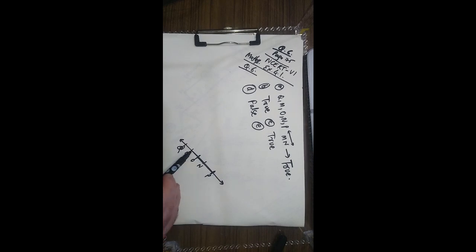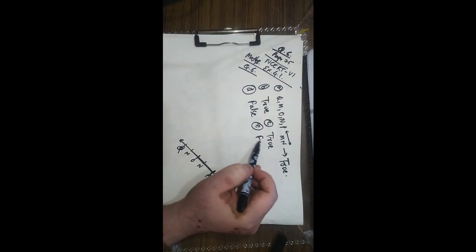So M cannot be an endpoint. Either Q or O would be the endpoints of the line segment. So this is false.